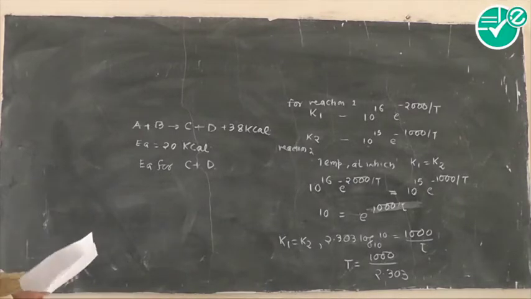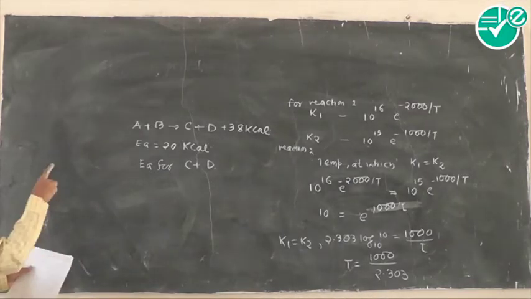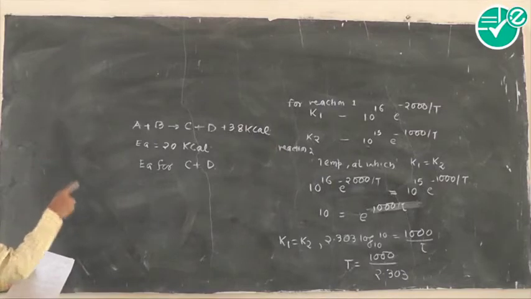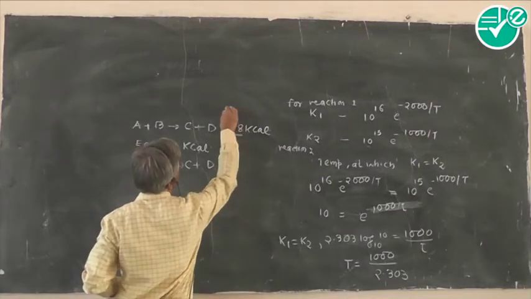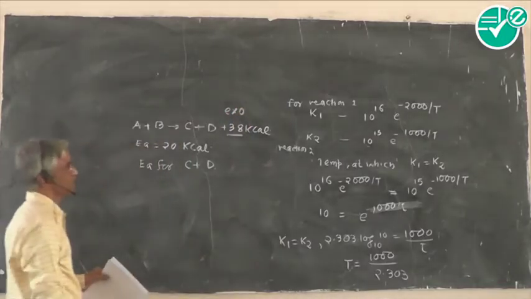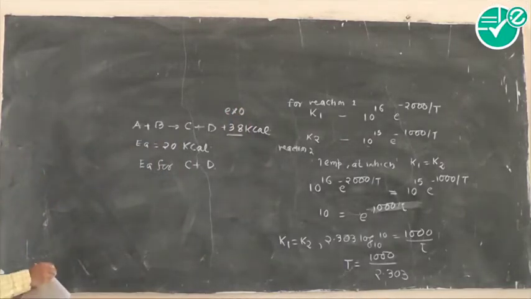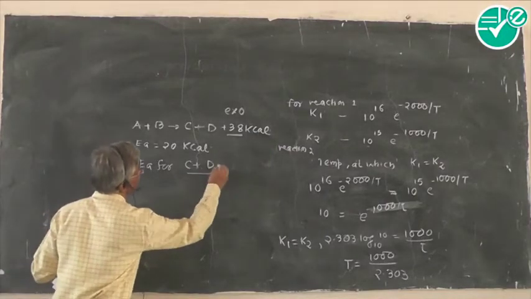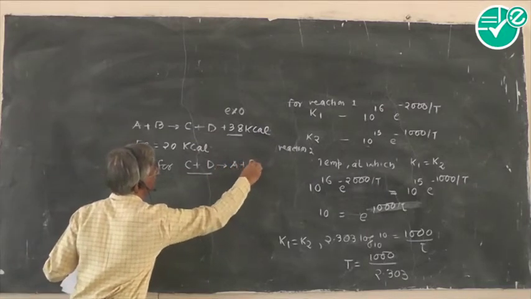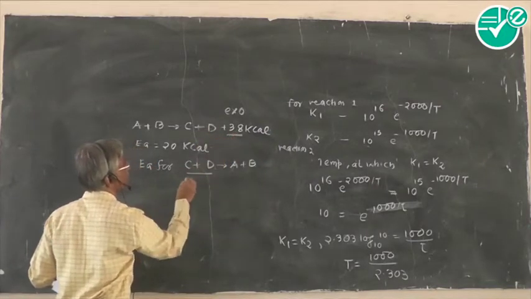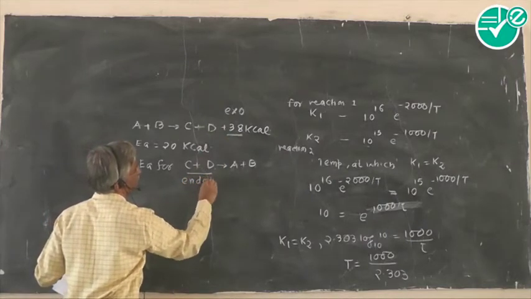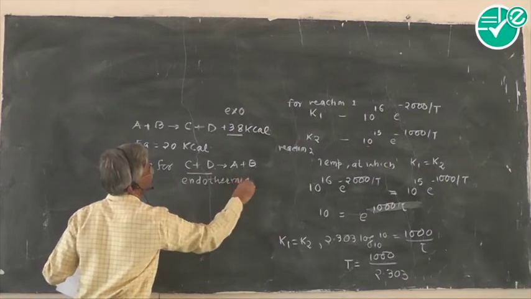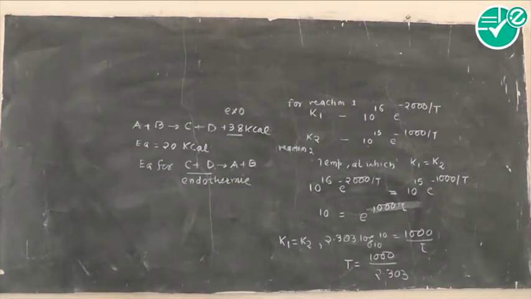Now the reaction itself, the way of writing A plus B giving C plus D, indicates that it is an exothermic reaction with 38 kilocalories of heat evolved. Now the reaction C plus D giving A plus B, for which they had asked, the forward being exothermic, will automatically be an endothermic reaction, when we need to supply heat for the reaction to proceed.